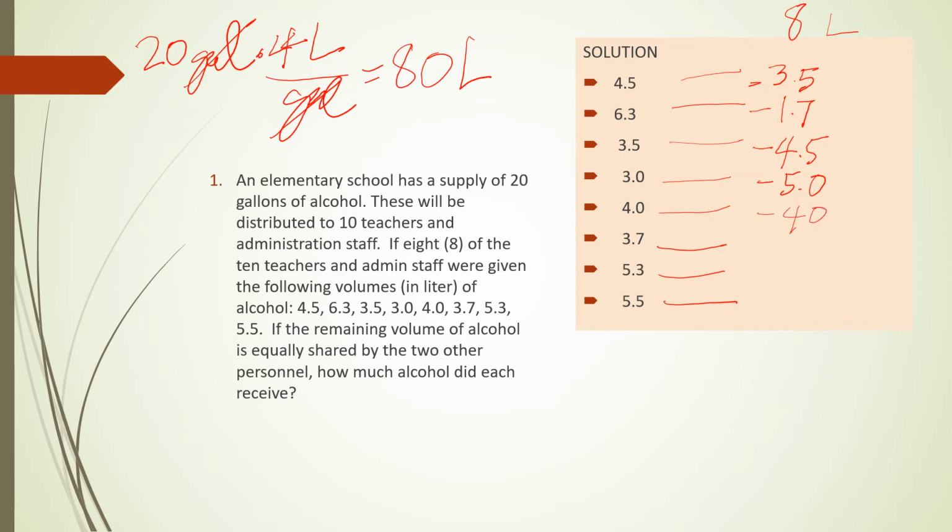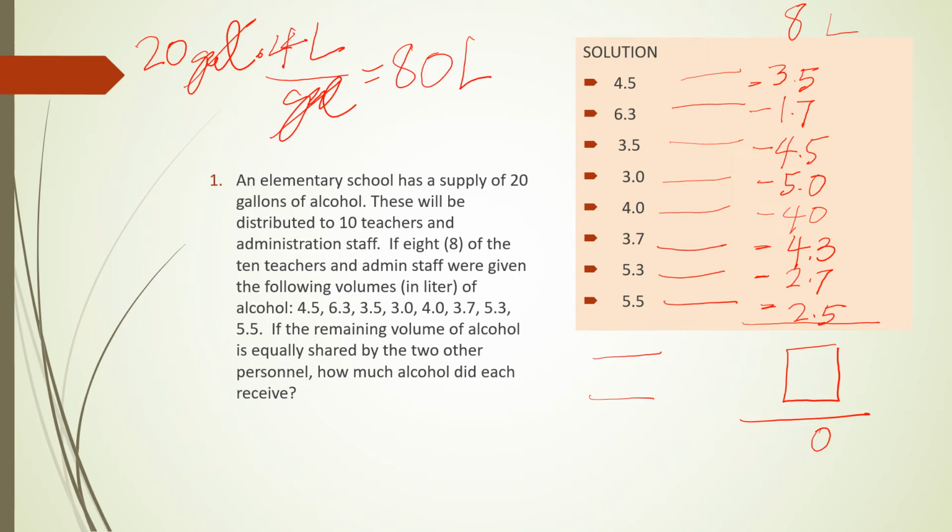And 3.7 is 8 minus 4.3. And 5.3 is 8 minus 2.7. And 5.5 is 8 minus 2.5. Okay, so we're going to account for 2 other individuals, but we need to sum up all of this so that whatever we need to add in here can give us a sum for this column of 0.